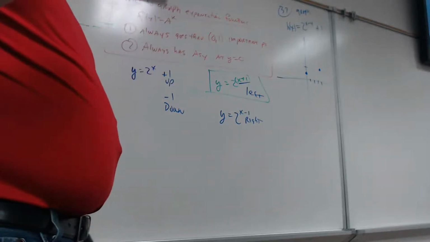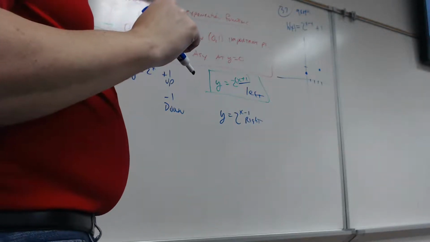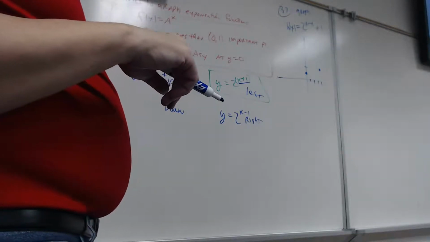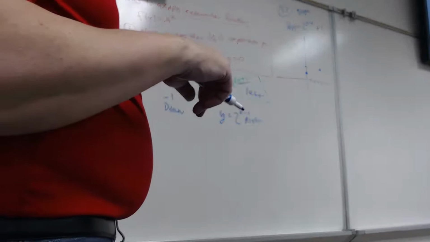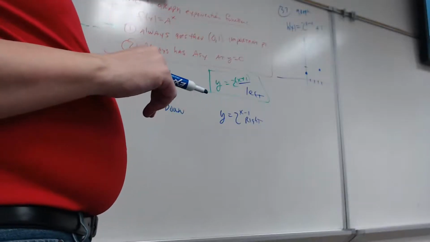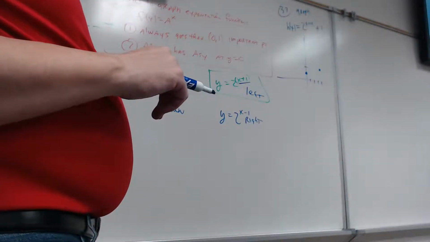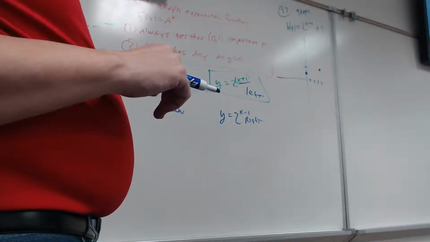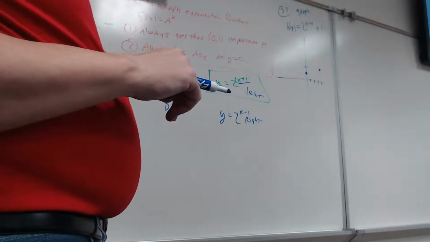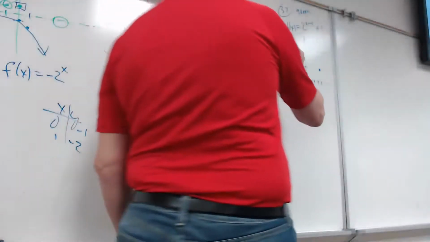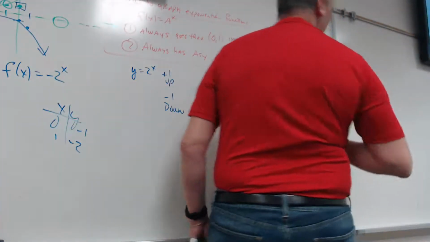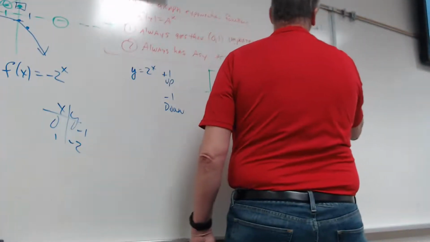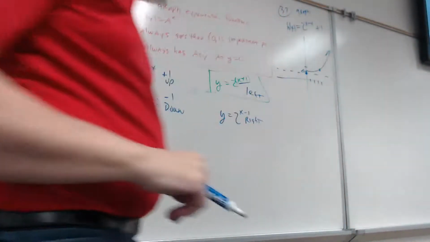And then other Cameron, what should I do next? You're going to curve it up like that. Where's my asymptote? Let's take care of that first. Your asymptote is going to be at y equals 1. It's going to be up 1, right? Okay, and so then it's going to look something like this.